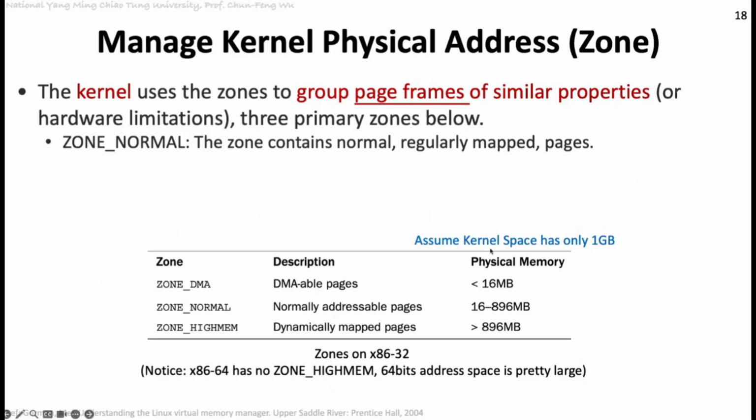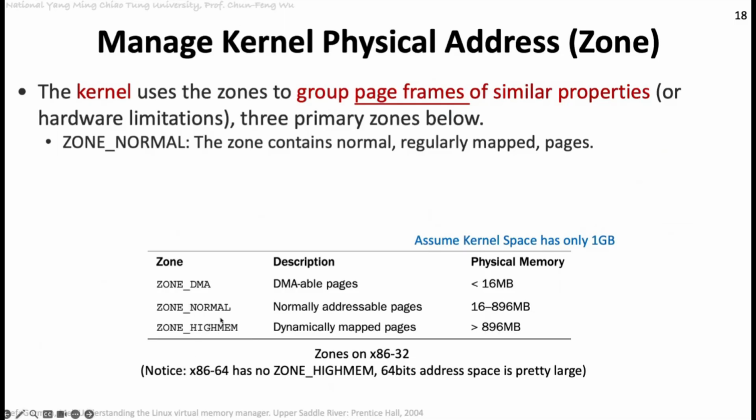So you can just think that zone-normal is for the kernel, and zone-high memory is the part of memory above 96 megabyte up to whatever your system has. If it is 16 gigabyte, it will be from 96 megabyte to 16 gigabyte, and that memory space is allocated to zone-high memory.